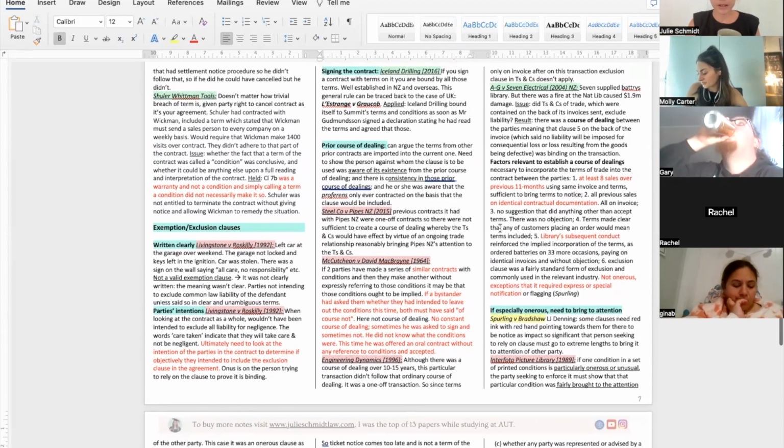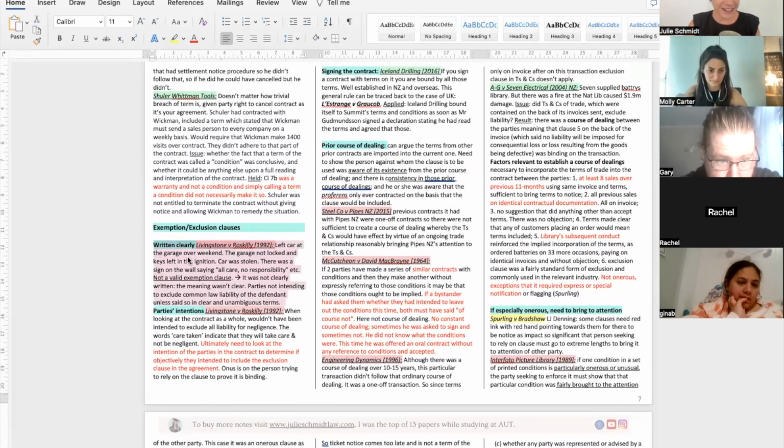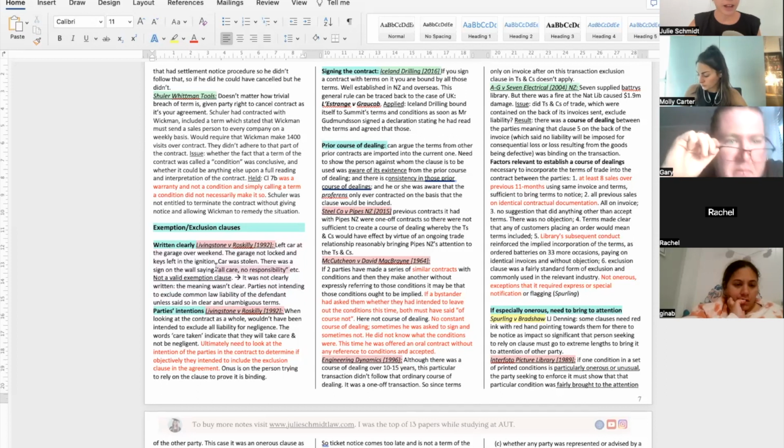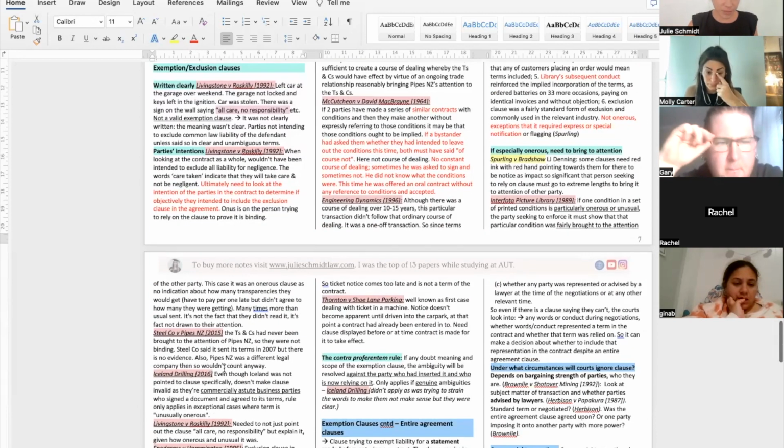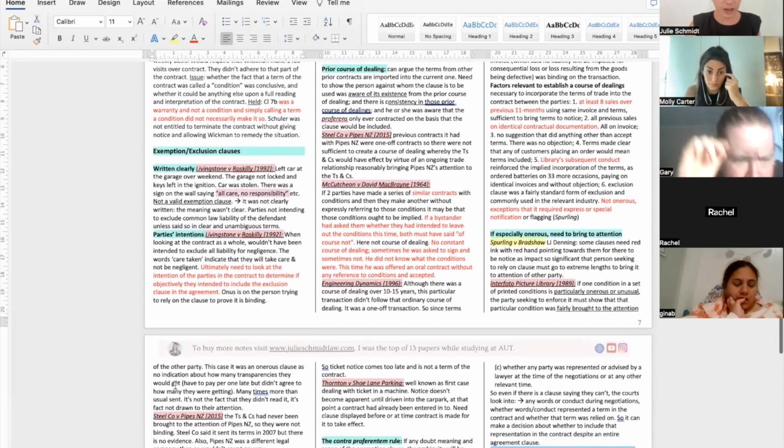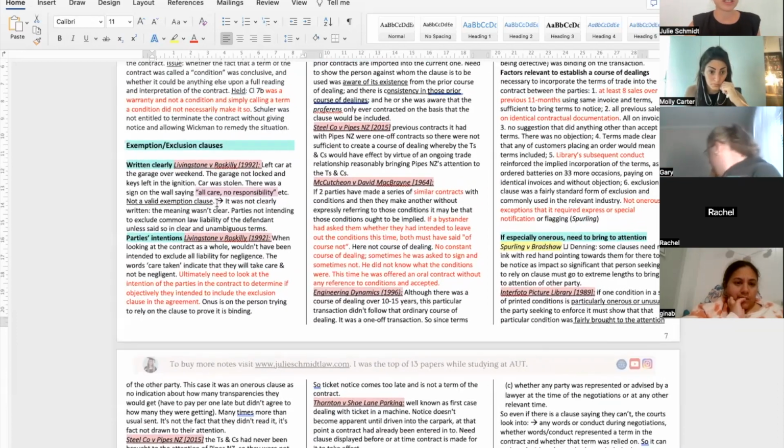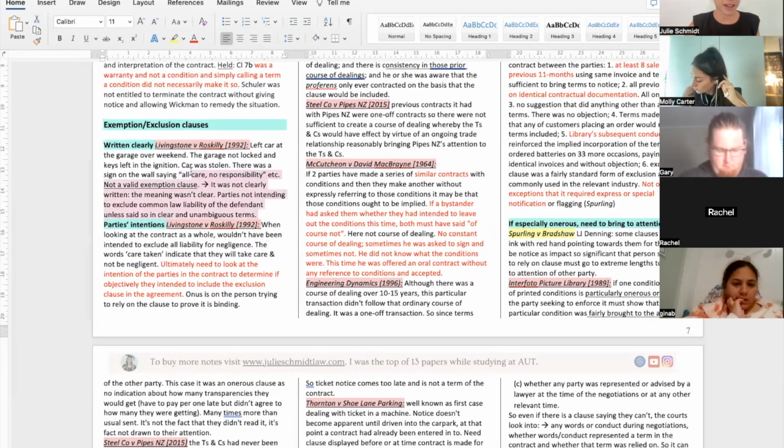So there are little things to think about with exemption clauses. It has to be written clearly. You probably remember this Livingstone case where it was a car garage and on the wall it said all care, no responsibility. There were so many reasons why this wasn't an exemption clause, which I mentioned in different parts of my notes, but one reason was it just wasn't clear what that means.